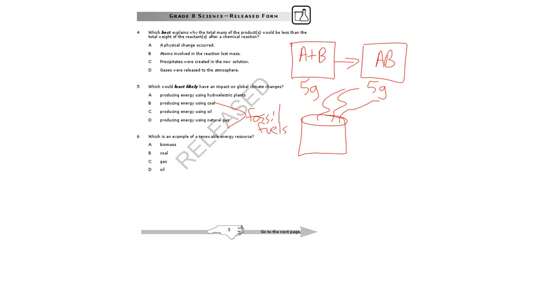Okay. This is renewable. We have all three of these, the fossil fuels, all three of those will cause air pollution. Hydroelectric plants do not pollute the air. All right, so that should be the answer.